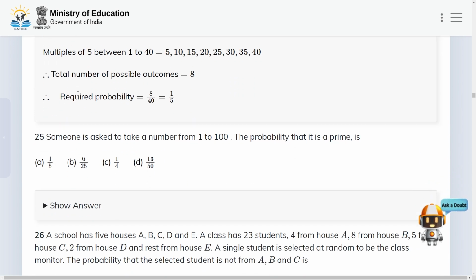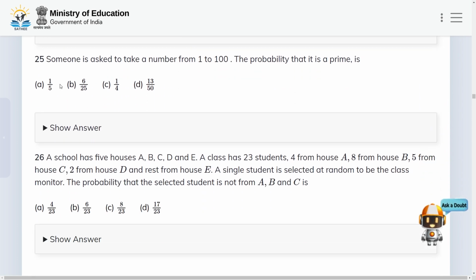Now let us see question number 25. Someone is asked to take a number from 1 to 100. What is the probability that it is a prime?